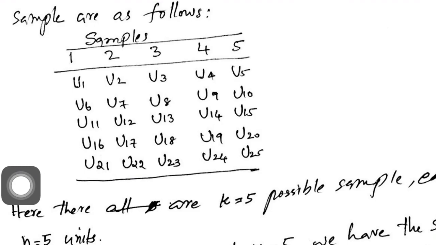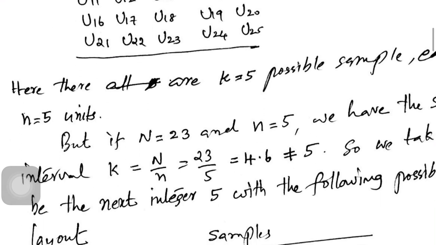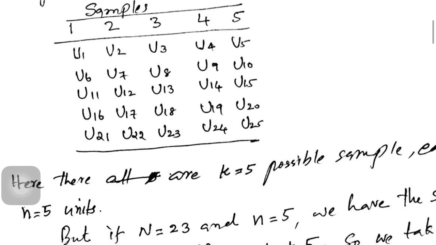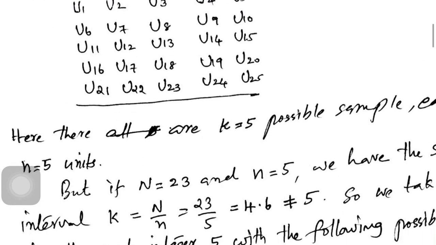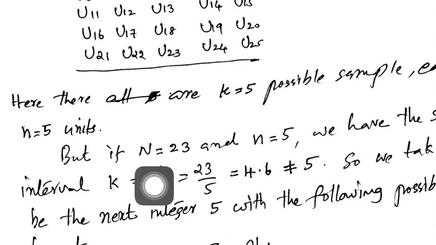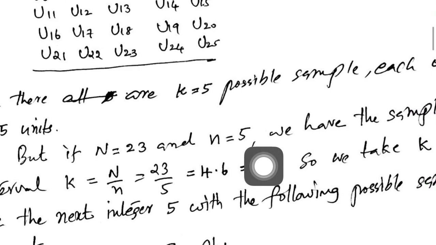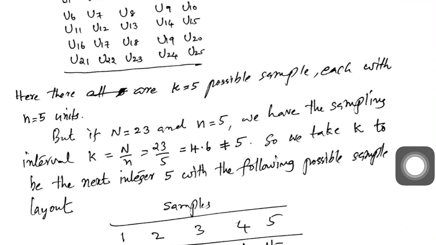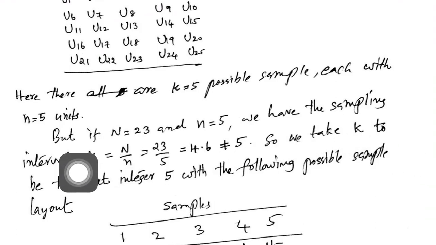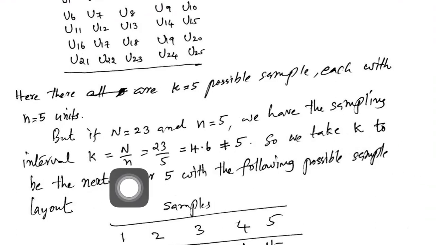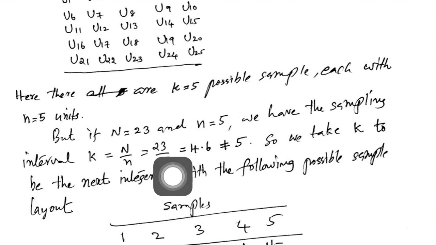Now we consider a situation where N is not equal to nk. For example, suppose capital N is equal to 23 and the sample size required is equal to 5, and the sampling interval k is equal to N by n, that is 23 by 5, which is 4.6.